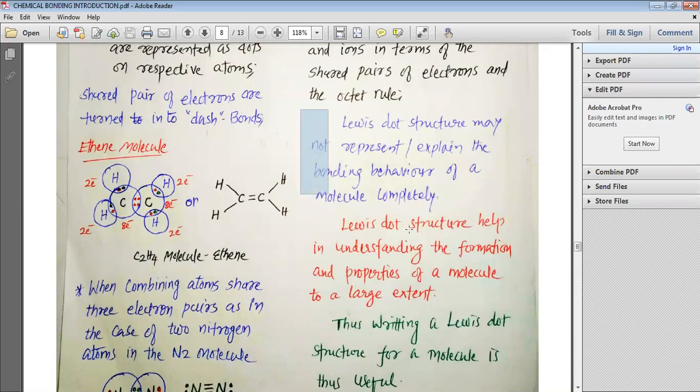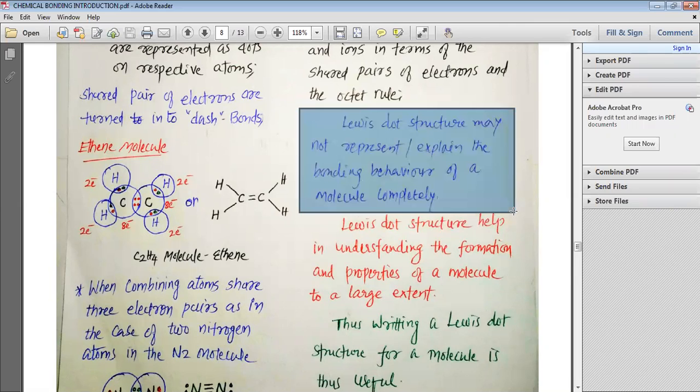When they proposed this, they were very much aware of this. Please keep in mind that it just wants to give us the gist, an idea of how the bond may be formed.